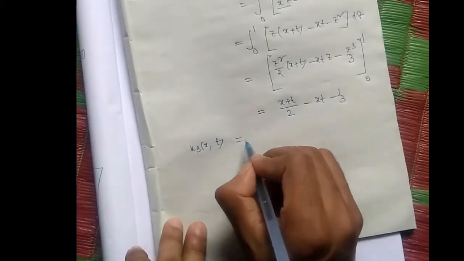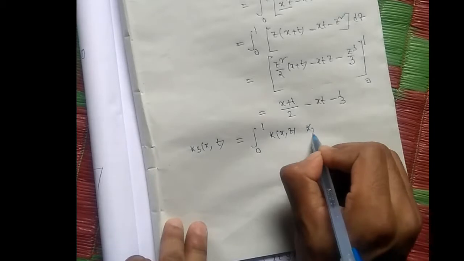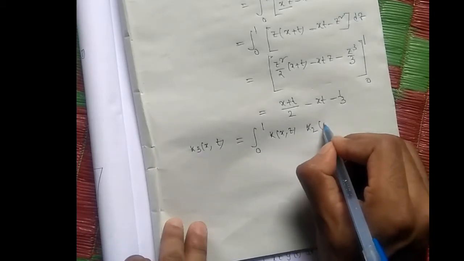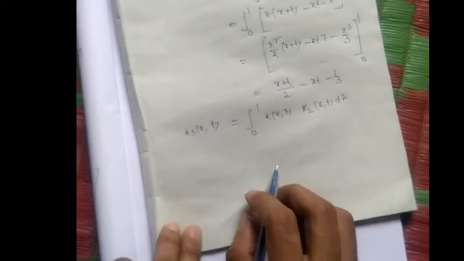Next, K3(x,t) is the integration from 0 to 1 of K(x,z) K2(z,t) dz.